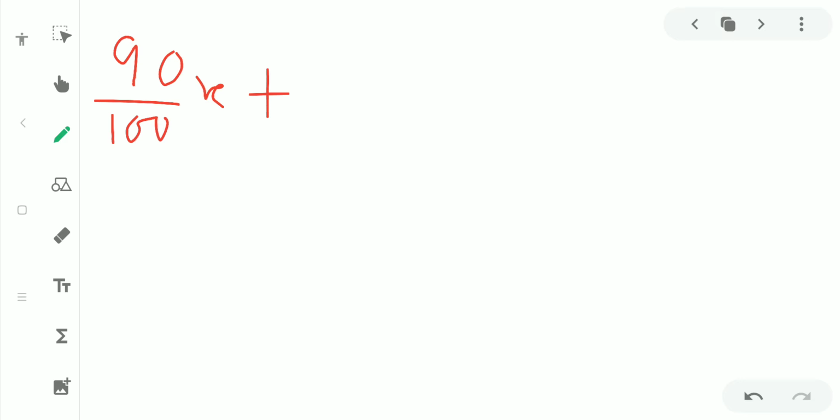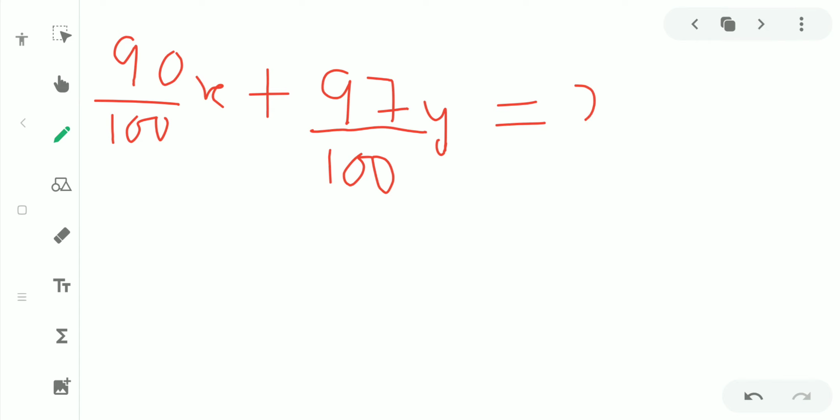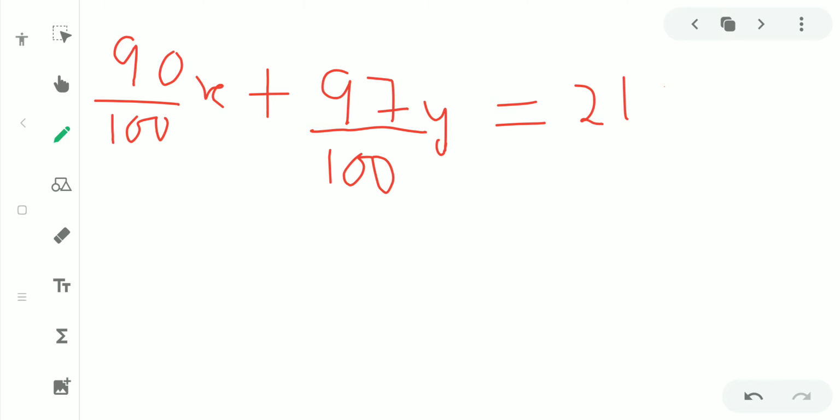Plus 97% of y, that is 97 by 100 into y, is equal to 21 liters of 95%, sorry, it is 21 into 95 by 100.